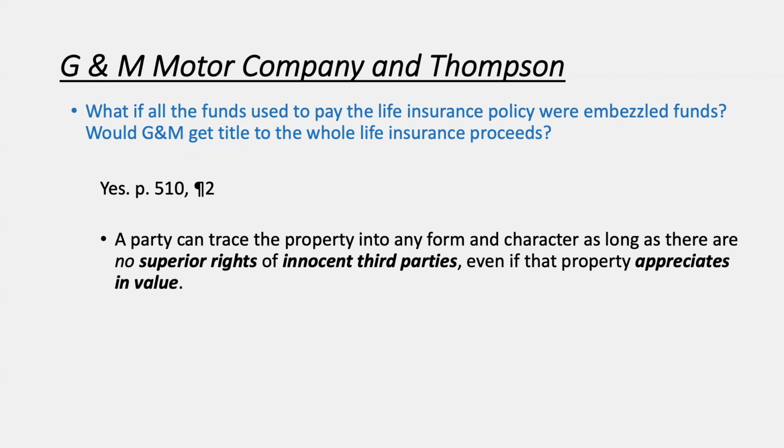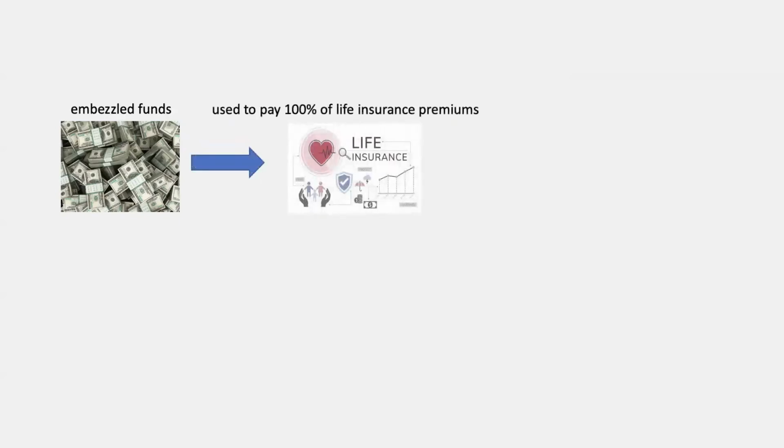What does it mean? It means if the embezzled funds can be traced as the money that was used to pay 100% of the life insurance premiums, right? So not commingled money, not wrongfully and rightfully acquired funds, only wrongfully embezzled funds used to pay the premiums.